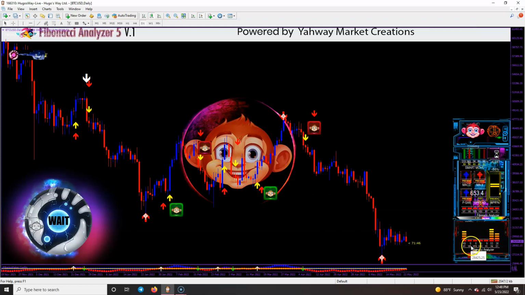You have the 1 minute, the 5 minute, the 15, the 30, and so forth. It lets you know without looking at those time frames what is going on in those time frames. Right now we know that those time frames are shorting. They're selling. There's no momentum.